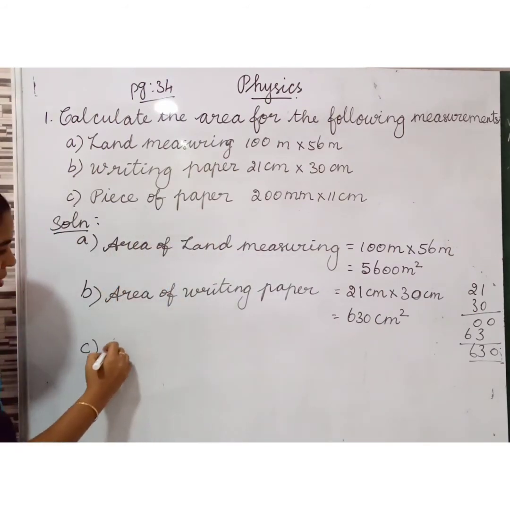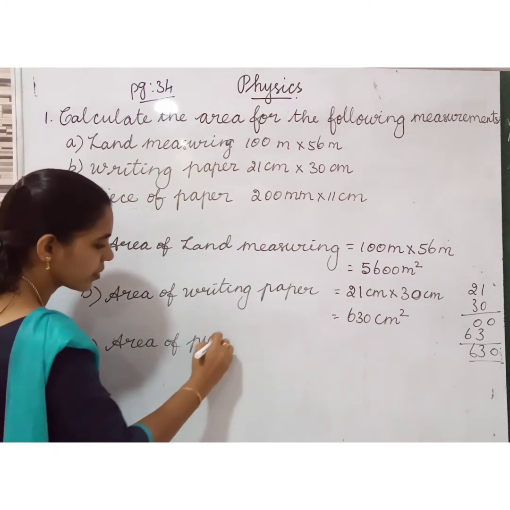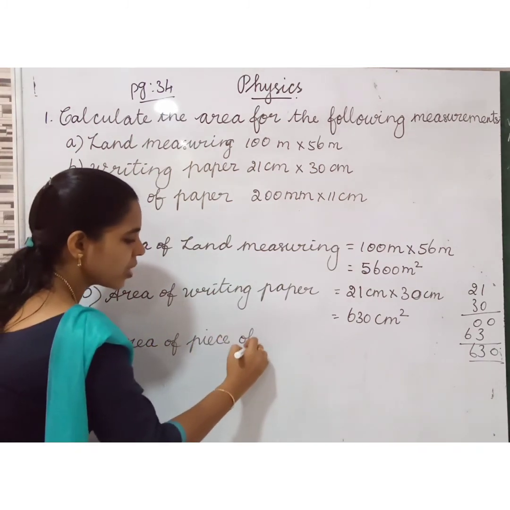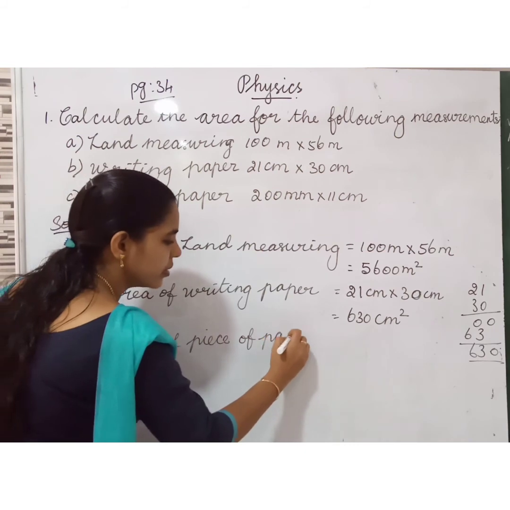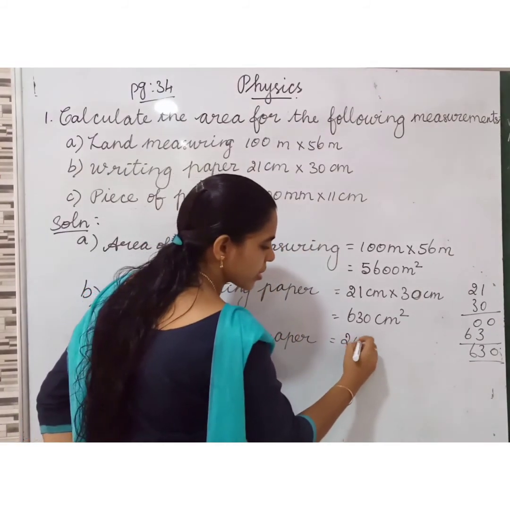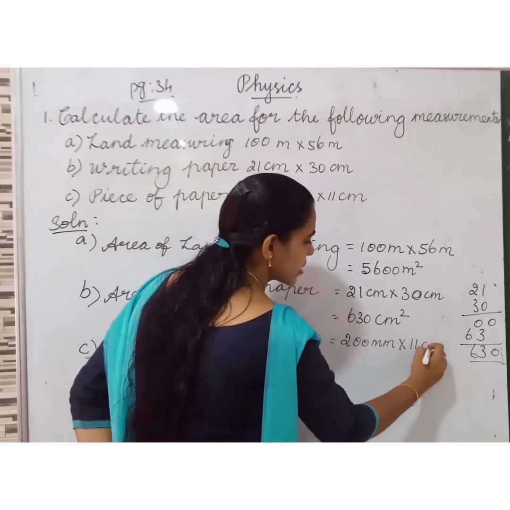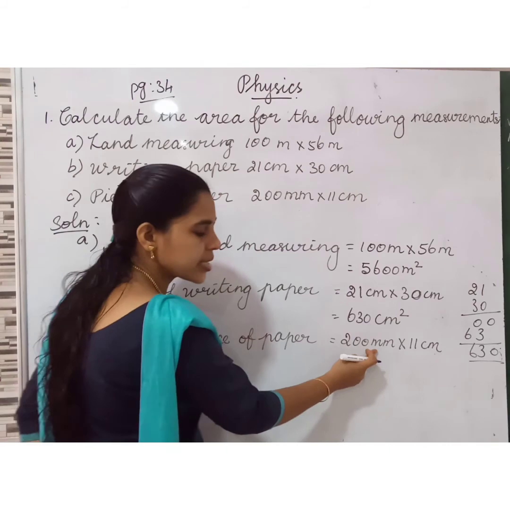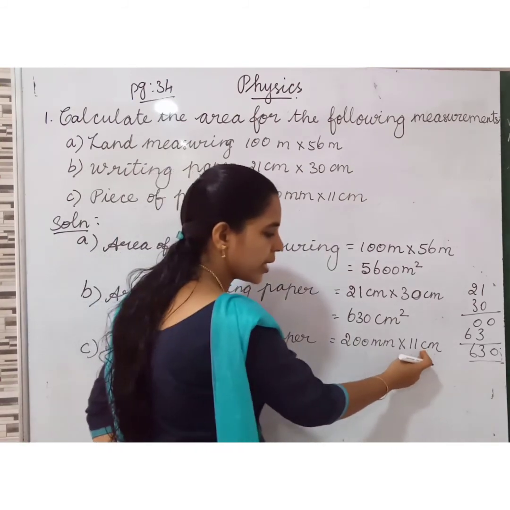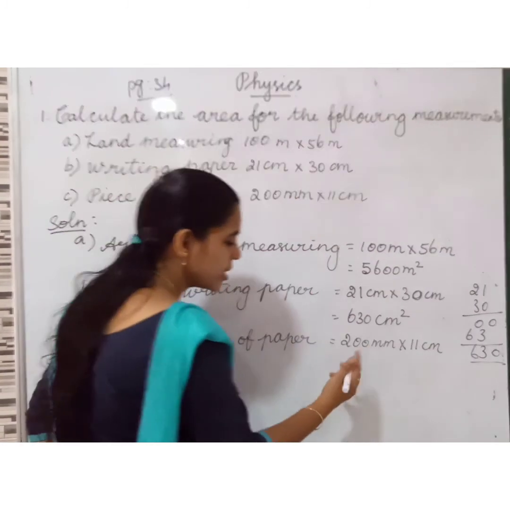Next one. Piece of paper. The area of piece of paper is equal to 200 millimeter into 11 centimeter. Listen here. This number is in millimeter and the other is in centimeter. So we have to change the millimeter into centimeter.